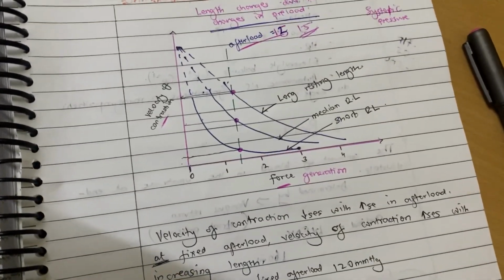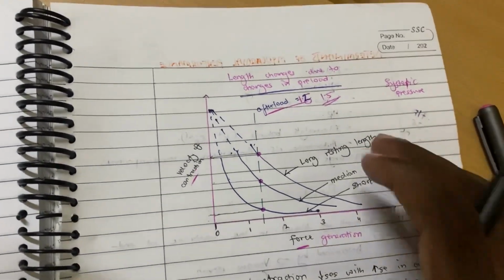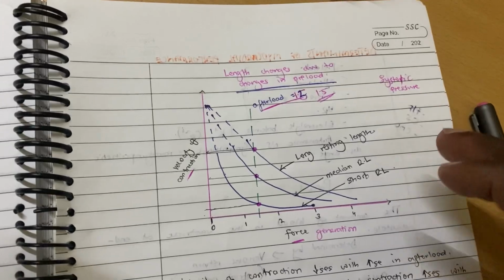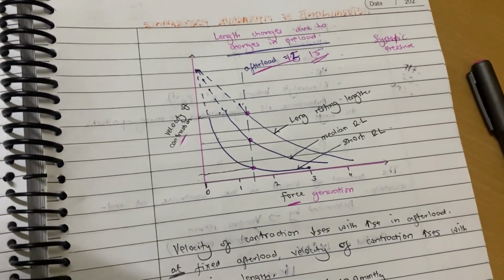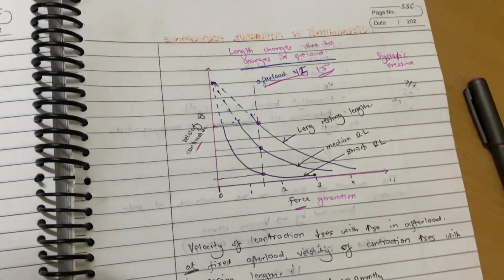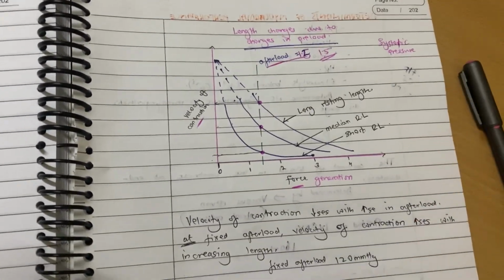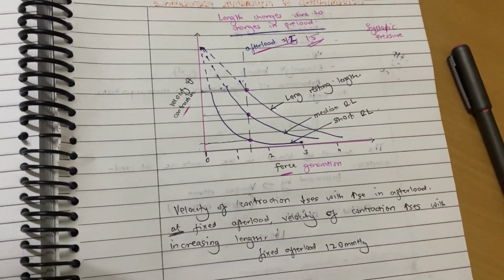Another one is preload. This is how it is going to affect myocardial performance. So this Frank-Starling mechanism is an intrinsic way of regulating heart function.